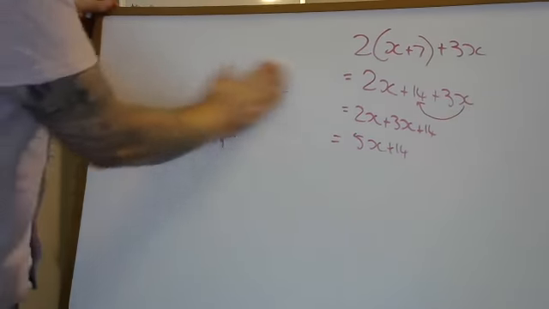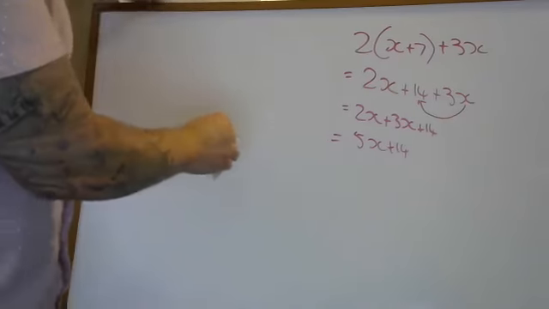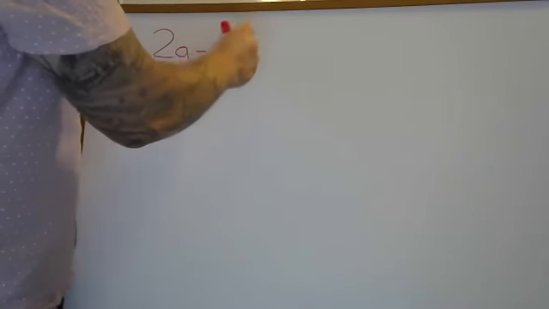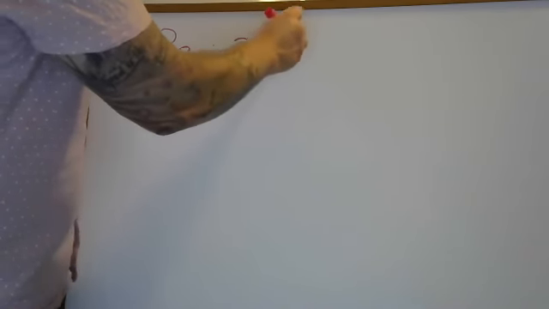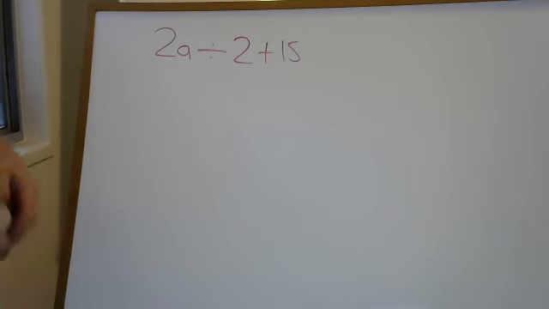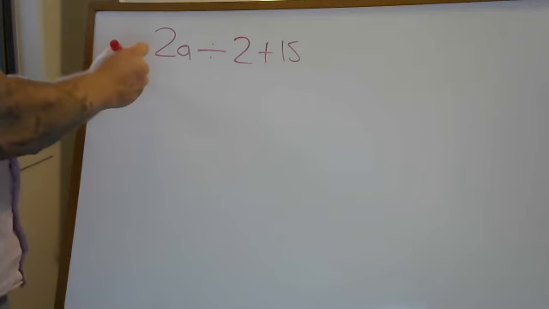So I'm going to, there's another 4 of these. So 2a divided by 2, all done.